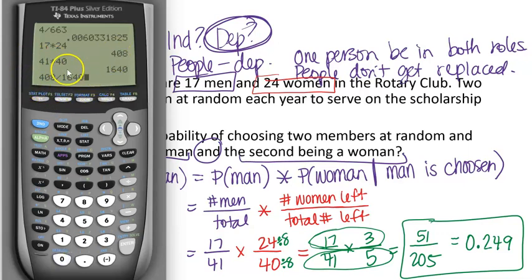Notice that if I take top and divide by bottom, it moves straight into that decimal, but I can hit math. See a little arrow that says fraction? And it tells me the reduced fraction is 51 out of 205. Use the resources you've been given.